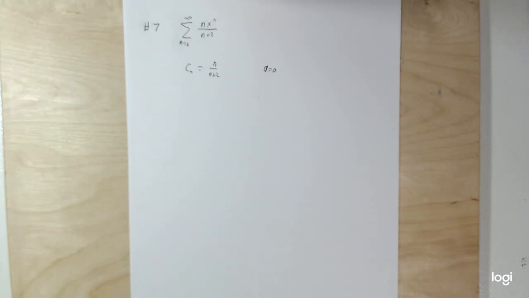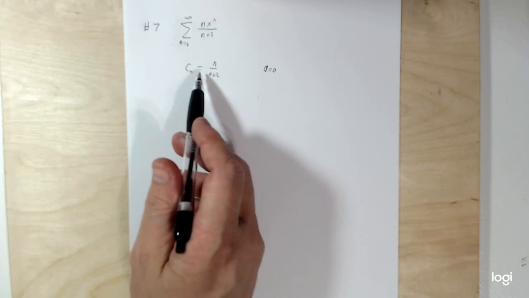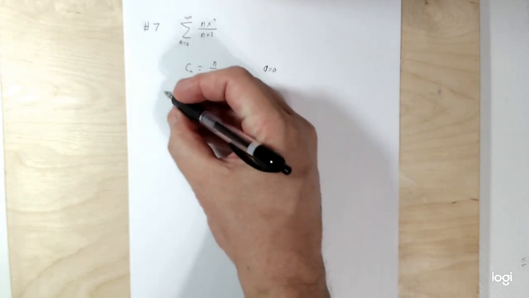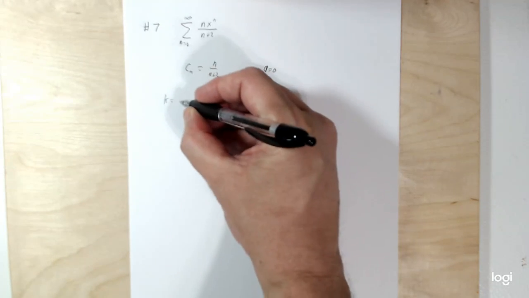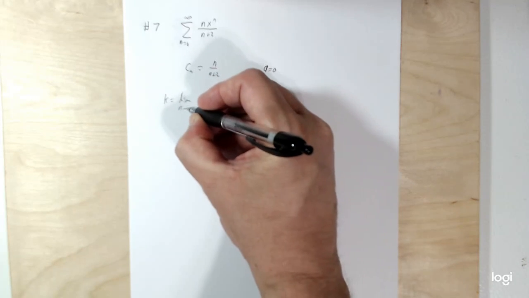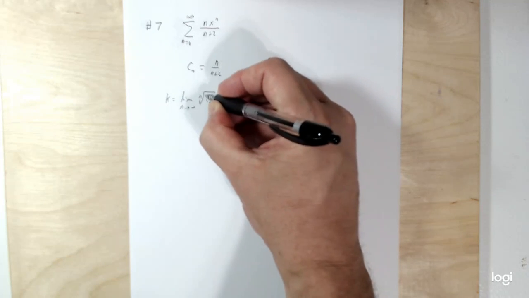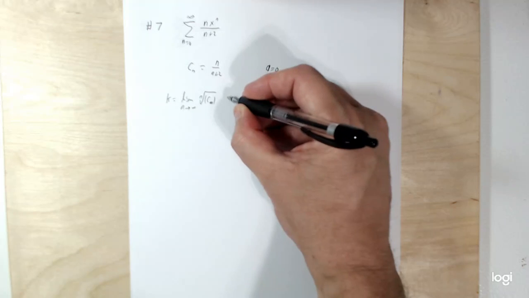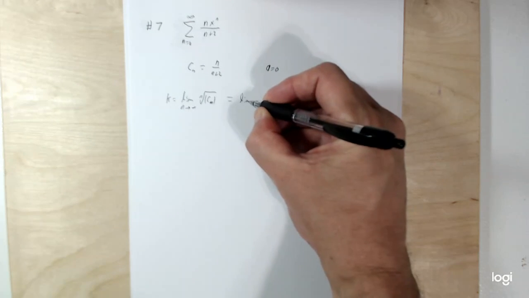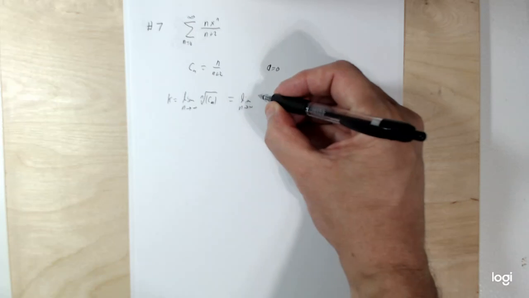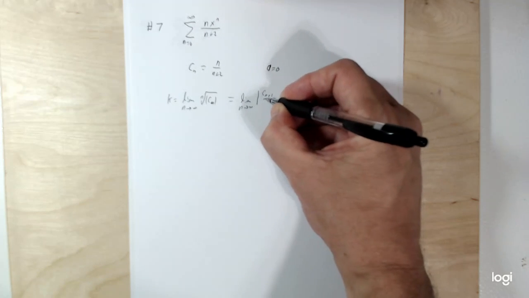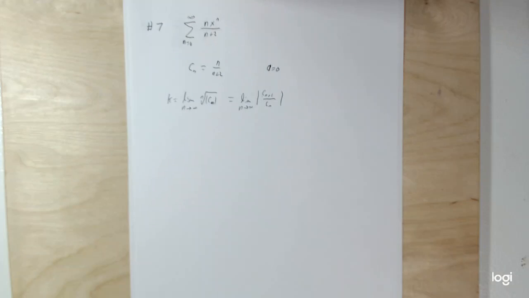Okay, so we need to find this k, and k is going to be, again, the limit as n goes to infinity of either the nth root of the absolute value of c sub n, or it's also equal to the limit as n approaches infinity of the absolute value of c sub n plus 1 over c sub n. Notice either one of those is perfectly fine. Whichever one just looks best for that particular problem, go ahead and use it.